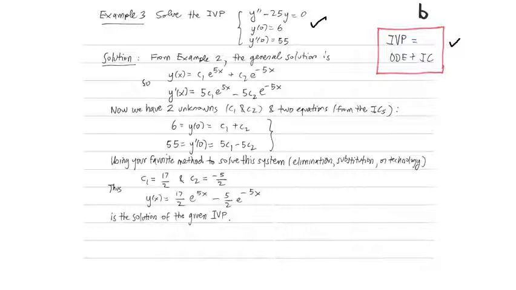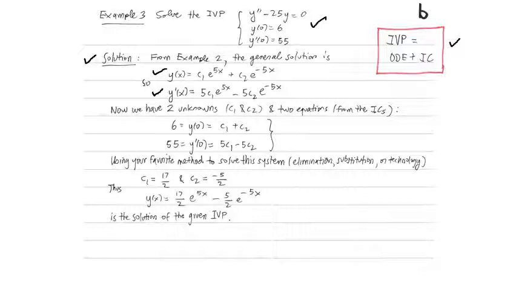Assuming what was stated on the previous slide, that the general solution has this form, we can take the derivative of that with respect to x and use the chain rule on both terms, and we get that expression for the derivative.